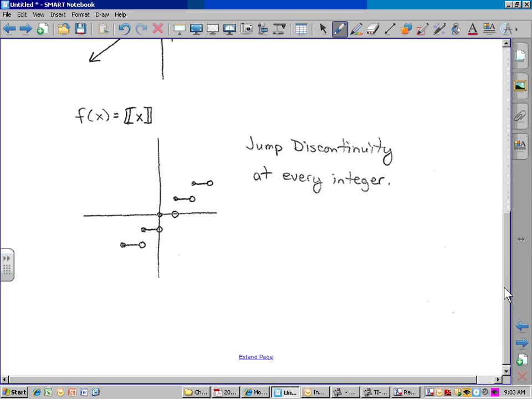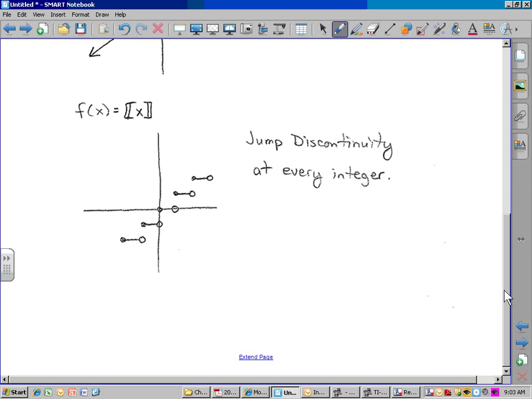And the last one is an example of a special case. Here we have the greatest integer function. Some people call it the step function because it looks like steps. We can't trace this. I literally have to pick up my pen and jump every time I get to the next step.